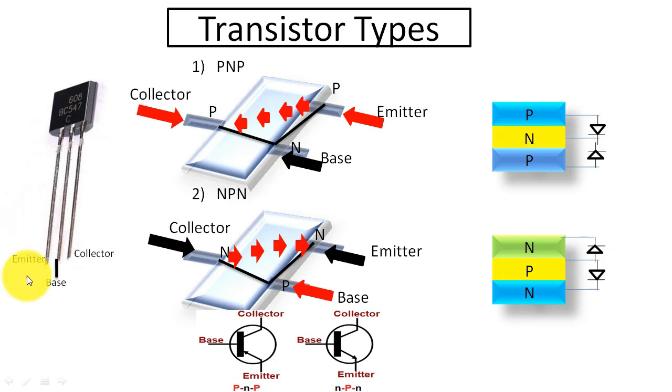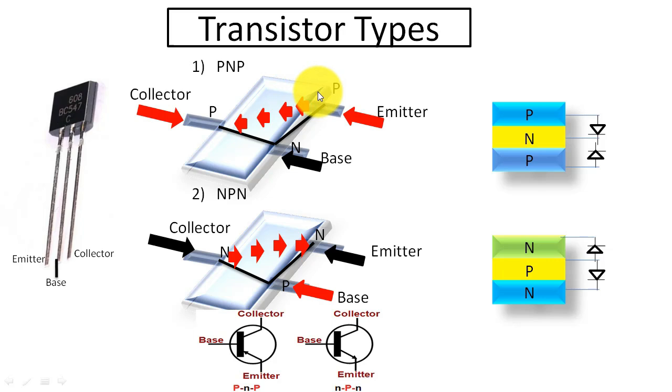Its left side pin is the emitter, its middle pin is the base and its right side pin is the collector. Here we can also see an SMD transistor shape. It is a PNP transistor. I will describe it in detail also.